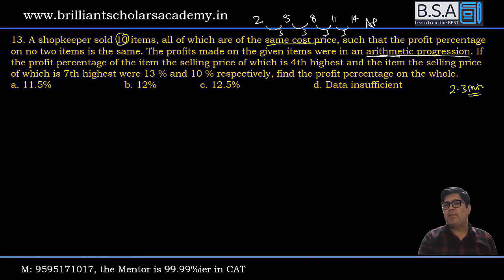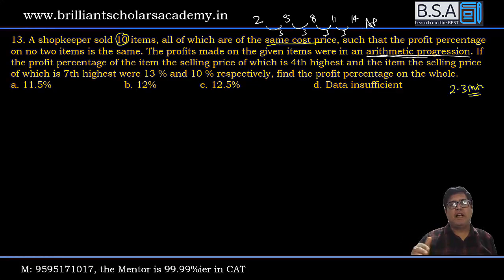Now, how does this apply to the current question? Think. The cost price of all 10 is the same. More profit would mean more selling price. That is your hint here.